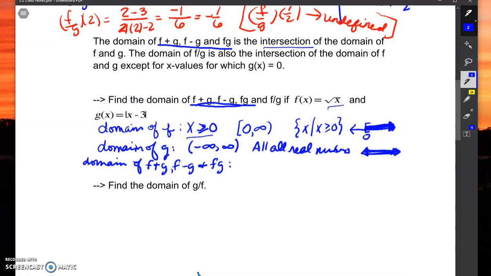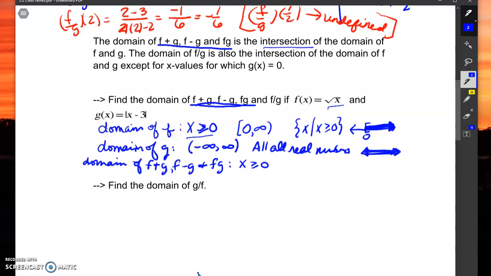So we found the domain of f and g. Where do they intersect? What numbers are in both the domain of f and the domain of g? Well, everything's in the domain of g. So the only thing that limits it is that domain of f, which is that x has to be greater than or equal to 0. So that is our domain of those three new functions. And again, we could write it all the different ways that we did up above.